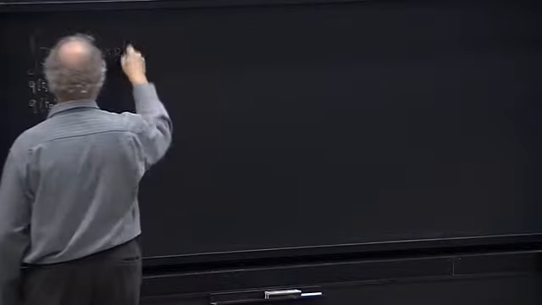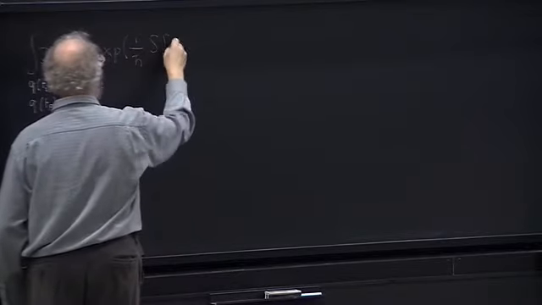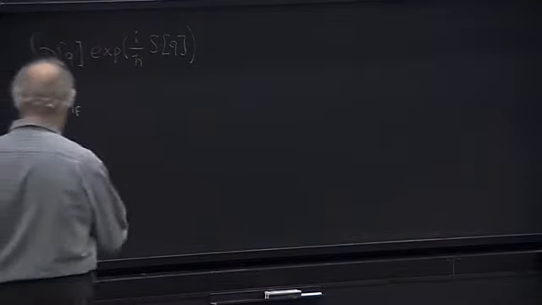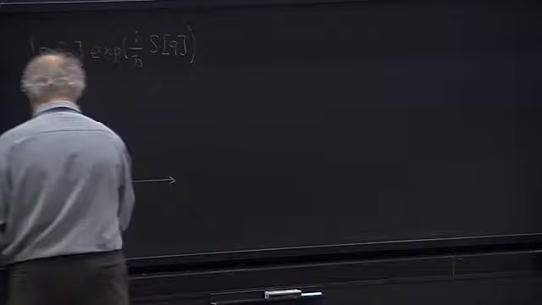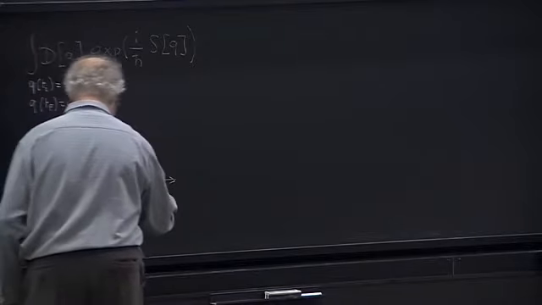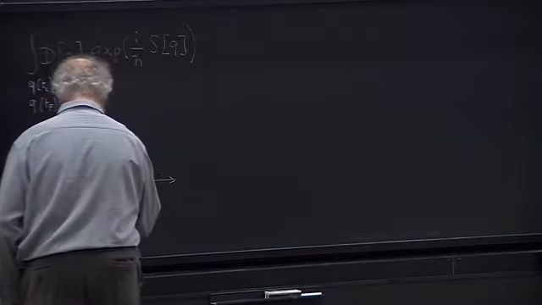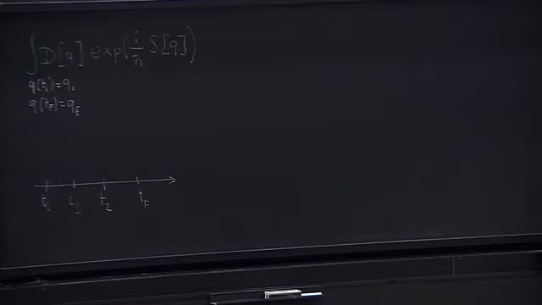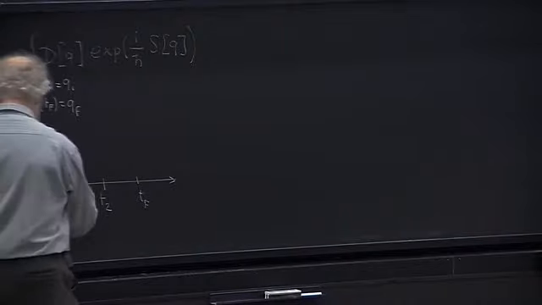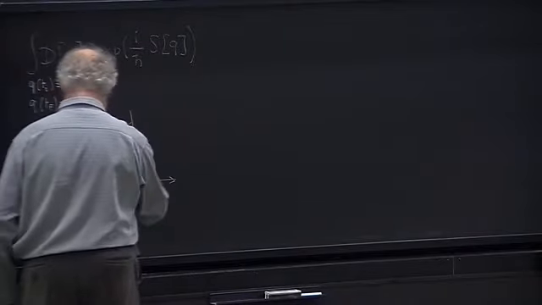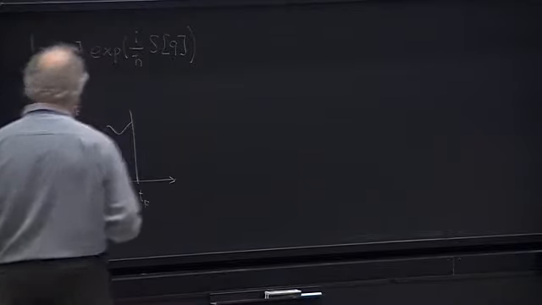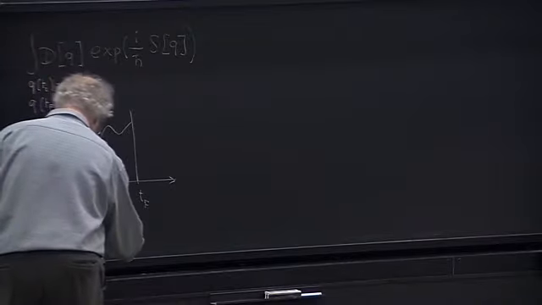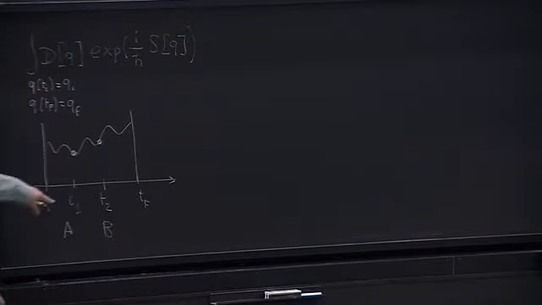I get the same phase factor associated to the path integral, but now between T initial and T final, I consider two intermediate times T1 and T2, and in my path integral, I insert a function A here and a function B here.